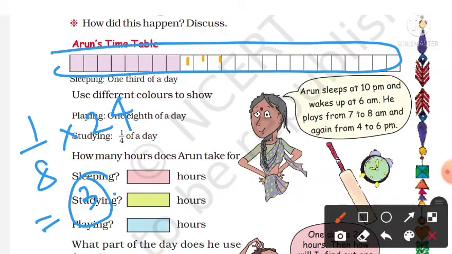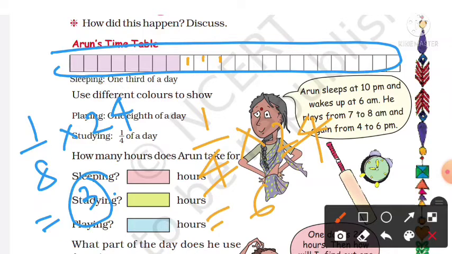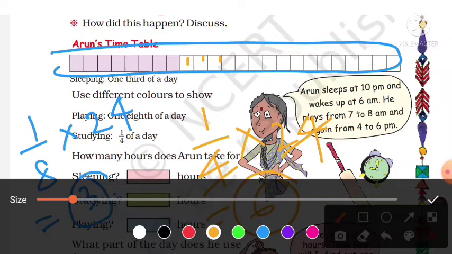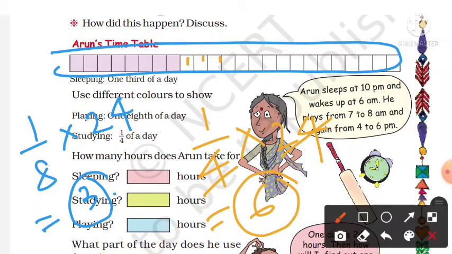Next, he spent 1/4 of a day for studying, so 1/4 into 24 is 6. 6 hours means 6 boxes, so we have to mark 6 boxes for studying. 1 2 3 4 5 6 for studying.